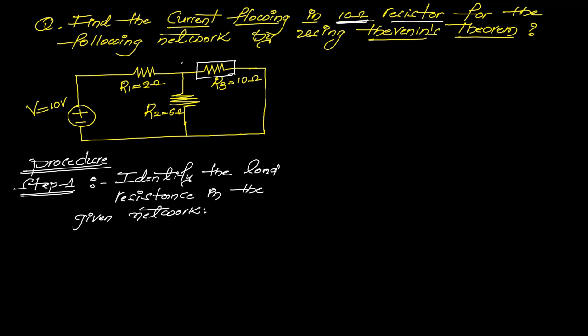Here the load resistance means the resistance in the branch where we are finding the response. In this problem, we need to find the current flowing through the 10 ohm resistance, so this 10 ohm resistance is the load resistance.